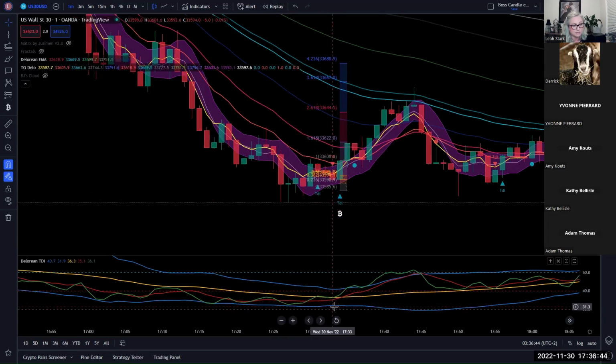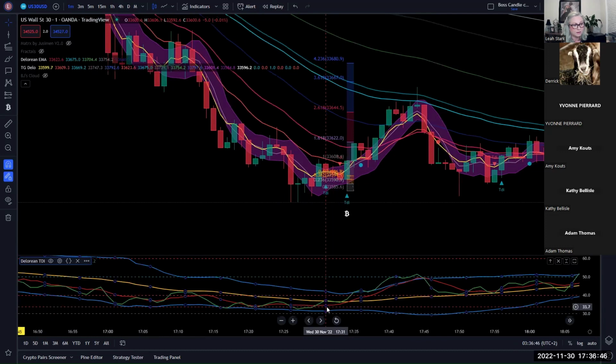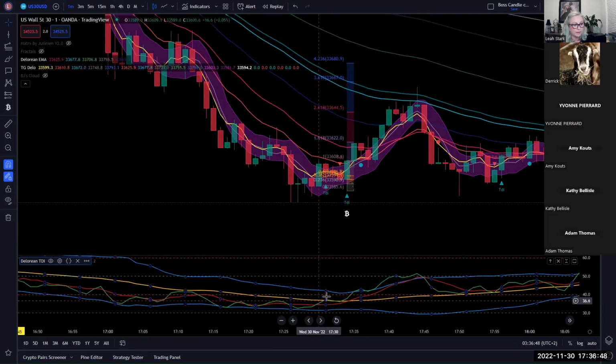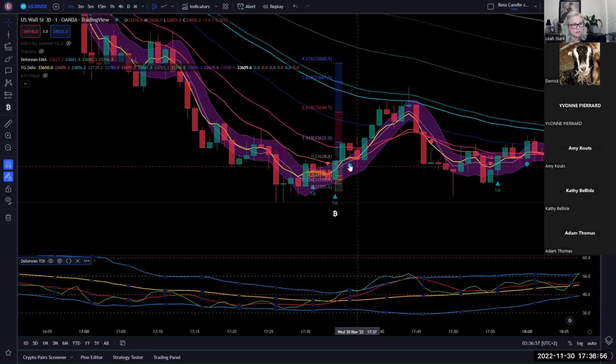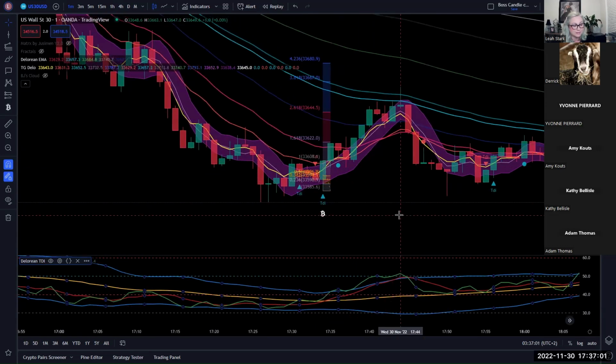For myself personally, I like it when it seems to reject and build up a little bit of steam in order to push back through. It did not EMA shift for 2 more candles. So again, I like to get that confirmation of the TDI shift and then the EMA shift, especially moving counter trend.